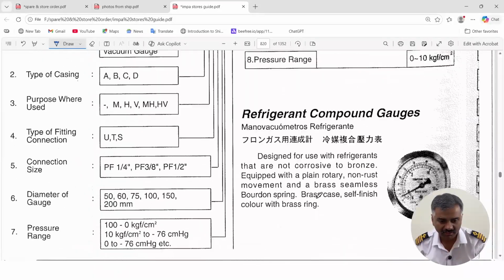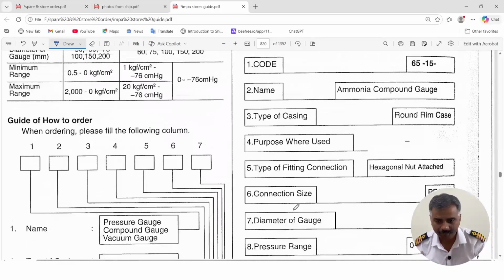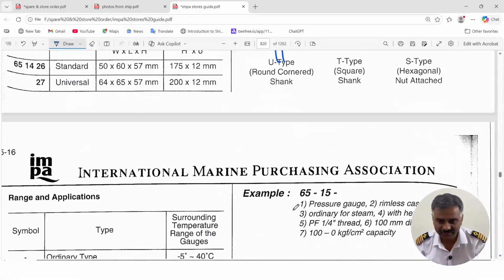Then your connection size, which is most important: 1 by 4 inches PF, 3 by 8 inches and half inches. Then diameter of the gauge, and the pressure range: 0 to 100 bar, 10 bar, negative 0 to minus 76. So these are the types of gauges.